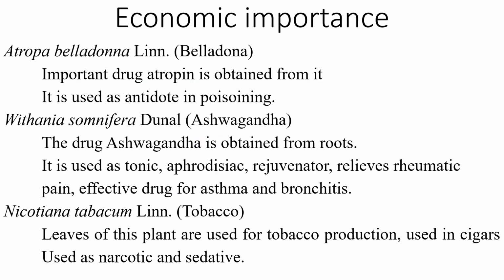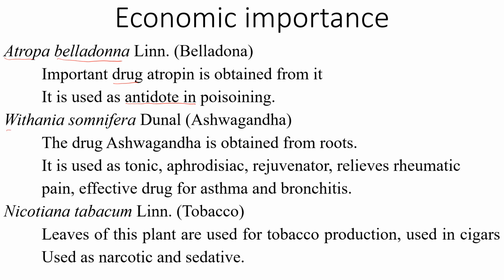And the last point, that is economic importance. The first plant, that is Atropa belladonna, which is important in medicines, and the name of the drug, that is atropine, is obtained from it. It is used as antidote in poisoning.